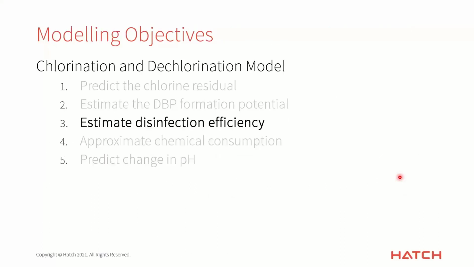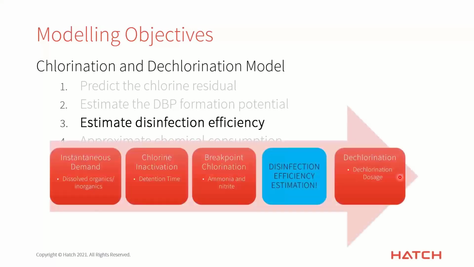Okay, so now I'm going to move on to estimating the disinfection efficiency. In terms of model calculations, as I mentioned before, the disinfection efficiency is actually calculated before we do the dechlorination calculations. So I have the residual chlorine calculation flow scheme I showed you before, and I just wanted to show where the disinfection efficiency calculation would fit on there.